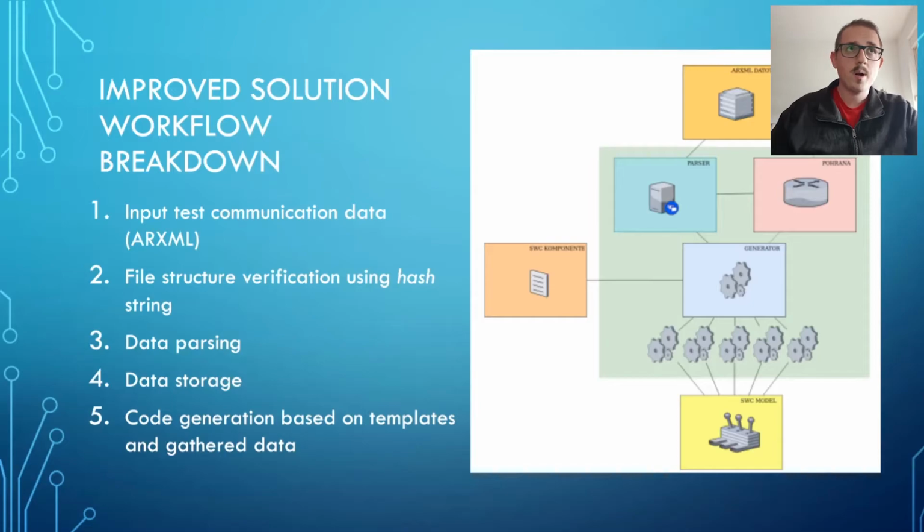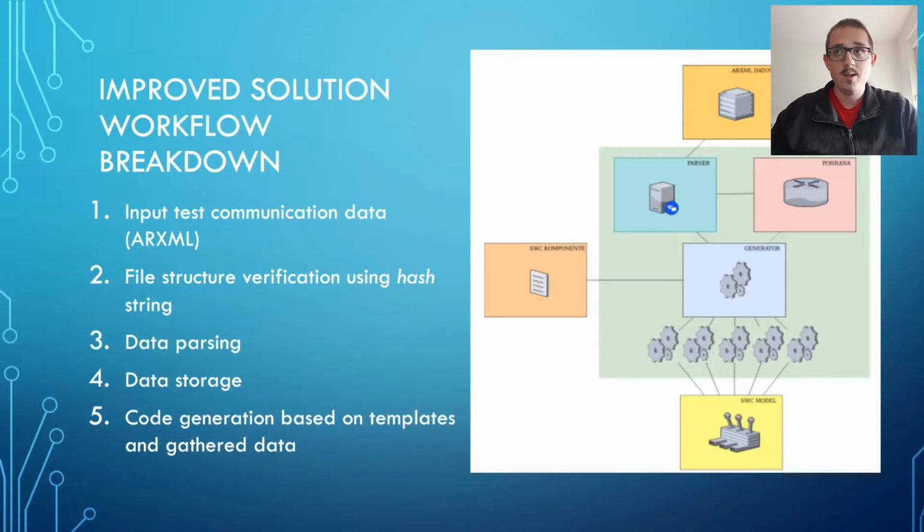So the breakdown of my improved solution is as thus. The ARXML data is input, but the file structure is verified using a hash string, meaning that whatever the file structure is, whatever the input files are, the input templates, their names, everything is sort of made into an image represented by a hash string, and then the parser moves on.